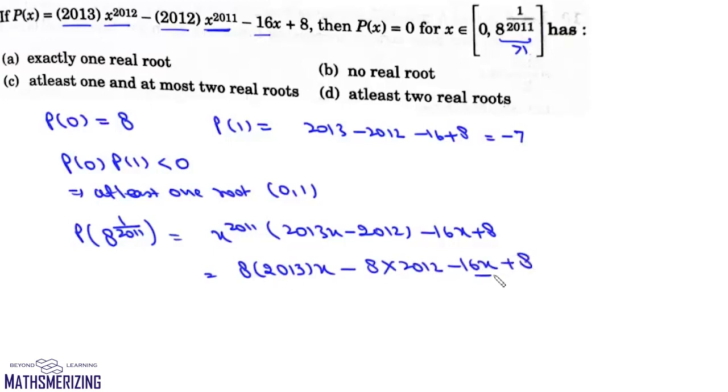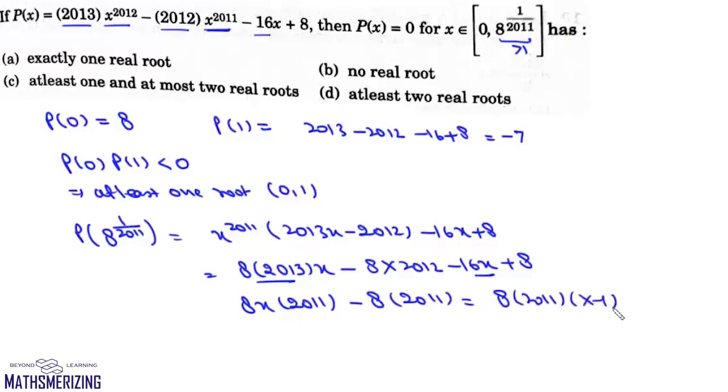Now here we'll take these two together. Now if we take 8x common, it'll be 2011, and here also if we take 8 common, it will be 2011. So we can write this as 8 into 2011 into (x minus 1). Now since x is greater than 1, this value is greater than 0.